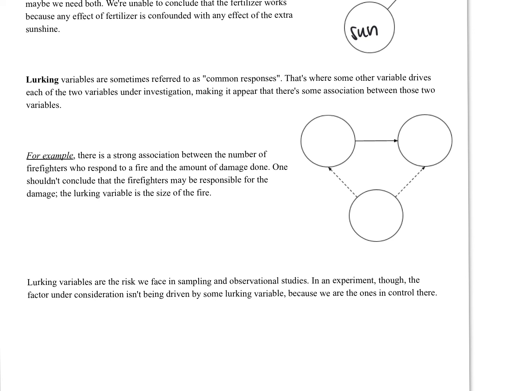So our number of firefighters is tied to the amount of damage, but we also have to determine the size of the fire, because more firefighters respond to larger fires. And if there's a larger fire, there tends to be a larger amount of damage.